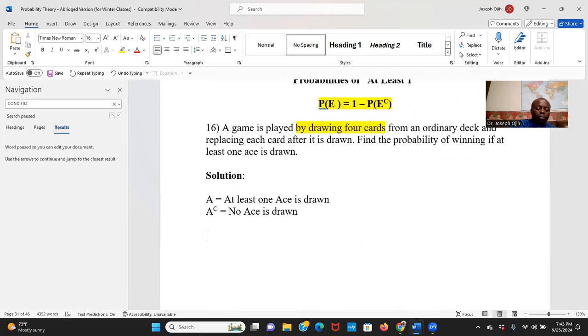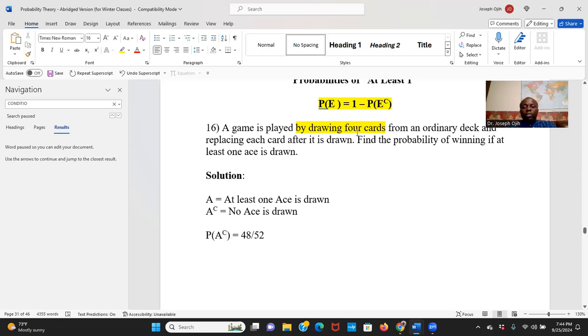The required probability of A complement, that means no ace is drawn, will be 48 cards that are not aces out of 52.